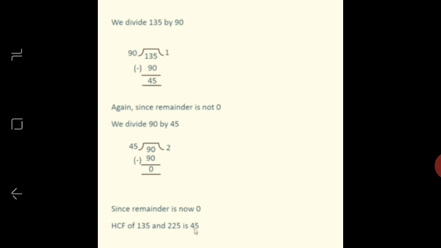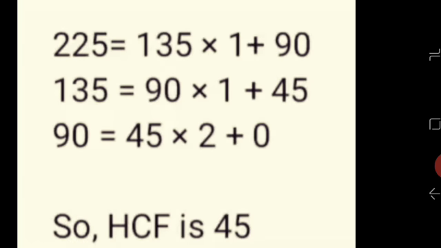Now, when the remainder becomes 0, we say that the number 45, that was your last divisor, is the HCF, that is the highest common factor, of the given two numbers, 135 and 225. This is how we have solved the first question, but we are going to write it in another way.